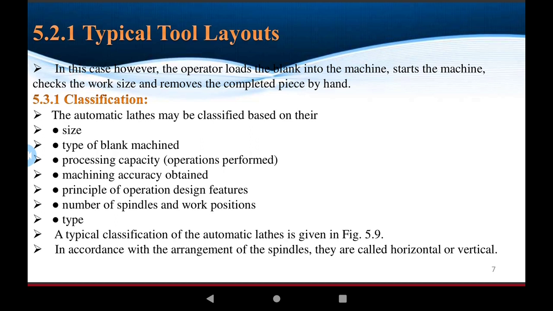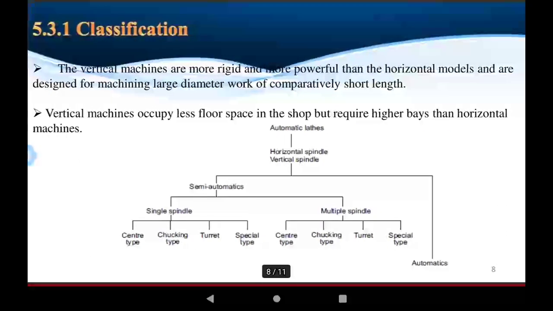The machines are also classified by structural form.